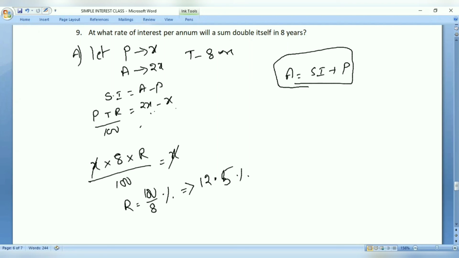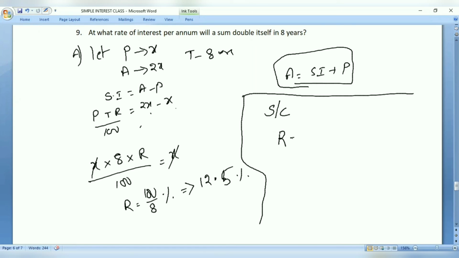Now for this particular problem, there is a shortcut. Instead of solving in a general mechanism, there is a shortcut technique also. The rate of interest at which a particular principal will become double itself is rate of interest equal to (n minus 1) divided by t into 100, where n is the number of times.